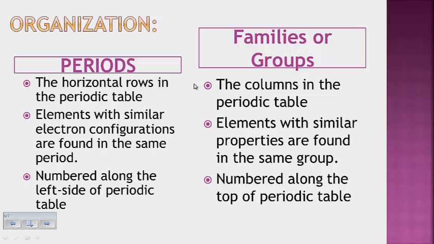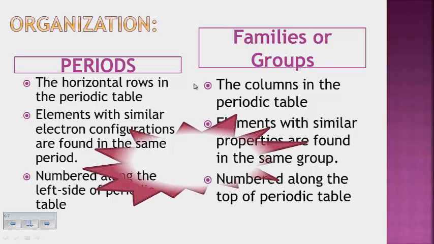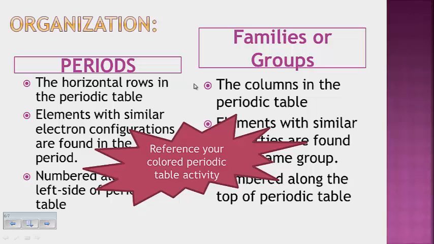Everything in column 2 will form a +2 ion. Okay? They are numbered along the top of your periodic table. You're going to want to reference your other colored periodic table activity that hopefully you've already done to give you some idea of how it's organized.